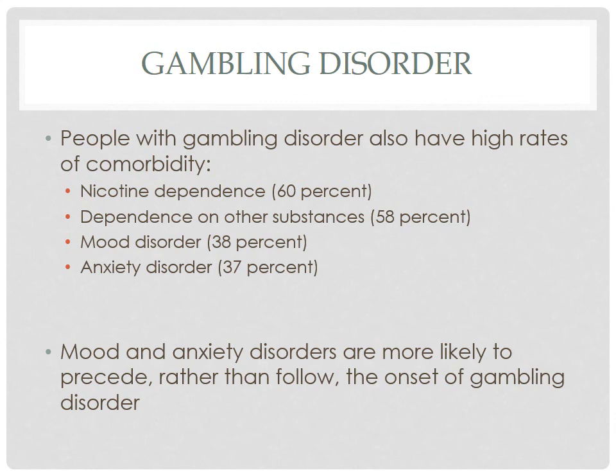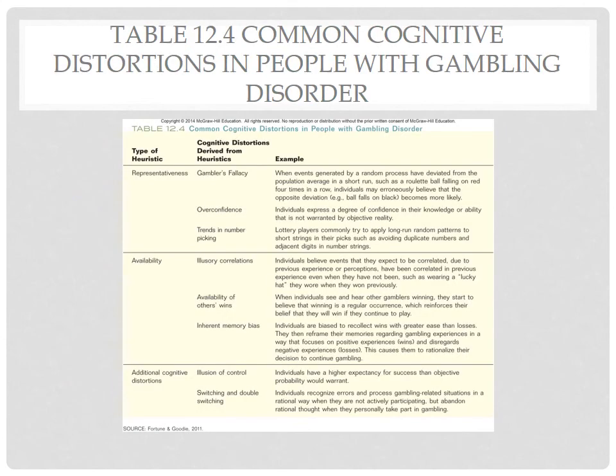So you'll see this more so than you might see in maybe some of the other substance use disorders. There's a variety of cognitive distortions if we're coming at this from the psychological point of view in gambling disorder, and you can read a little bit more about these in your text.